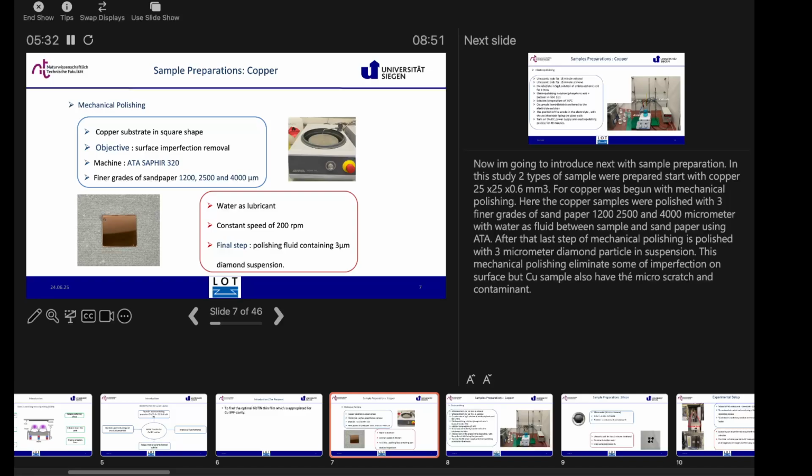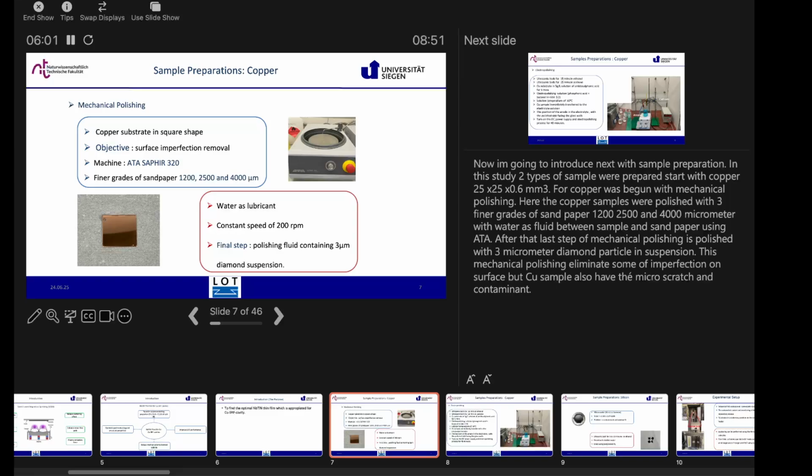We got at first the copper substrate in square shape, 25 times 25 millimeters, and then we polish with 3 grades of sandpaper, start with 1,200, 2,500, and 4,000 grit with water as a lubricant. And the last step for mechanical polishing, we polish with the 3 micron diamond suspension.